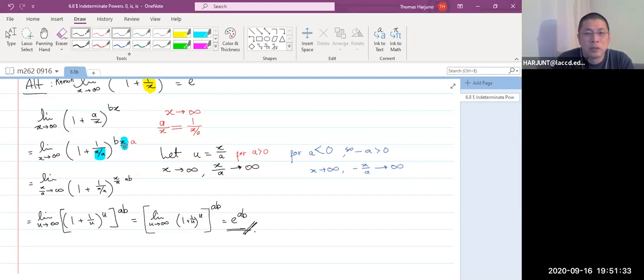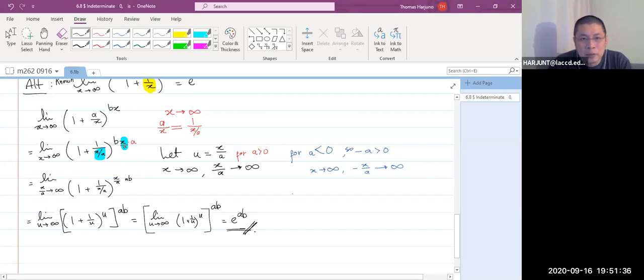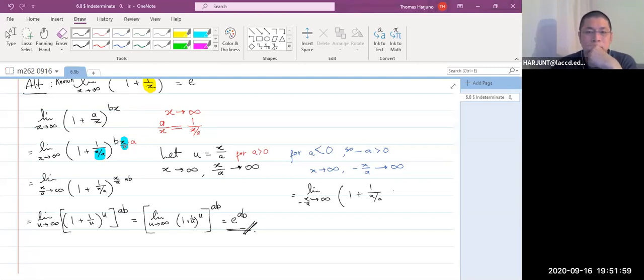Now, what happened then? In this step here, the limit as negative x over a goes to infinity of 1 plus 1 over x over a, to the power of x over a times ab.